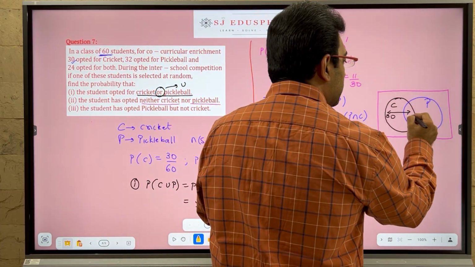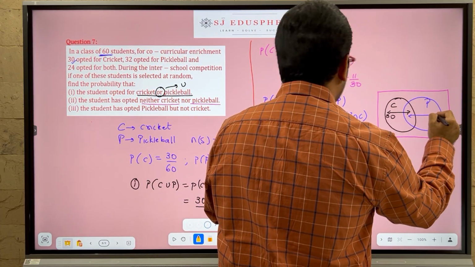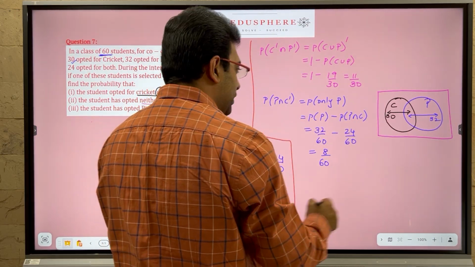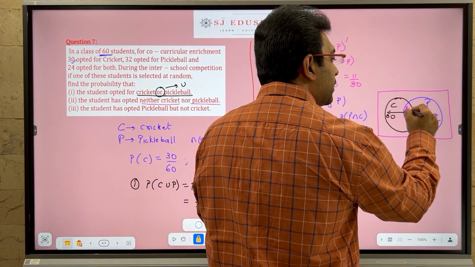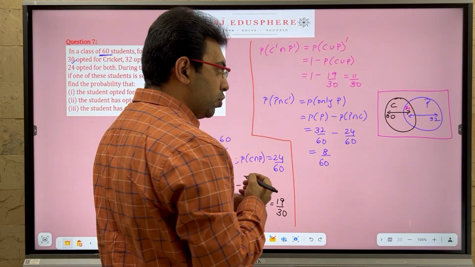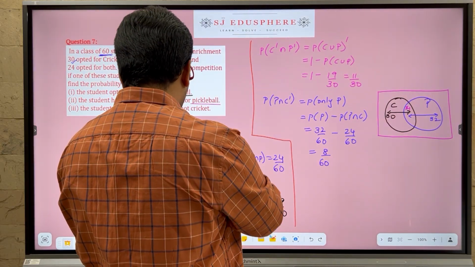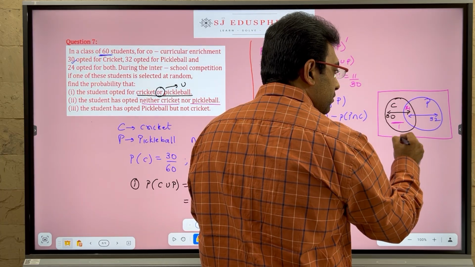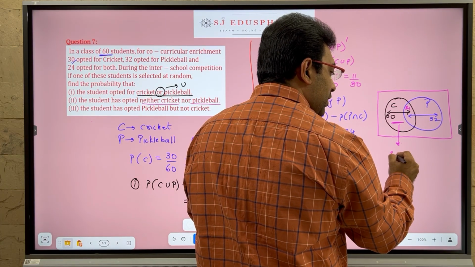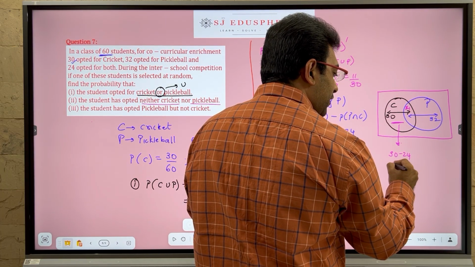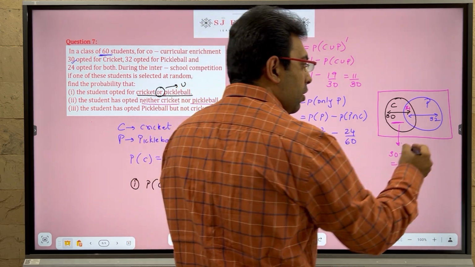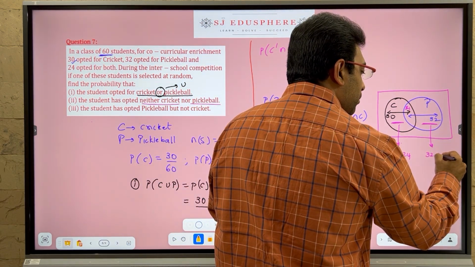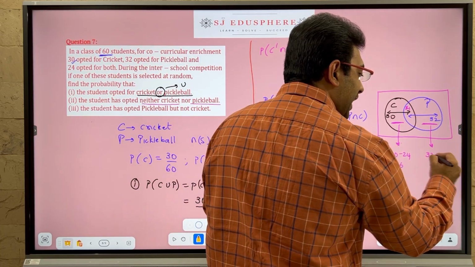For pickleball, there are 32 students. And I know there are 24 who have opted for both. So if I want only cricket, it will be 30 minus 24, which is 6. Only pickleball will be 32 minus 24, which is 8.